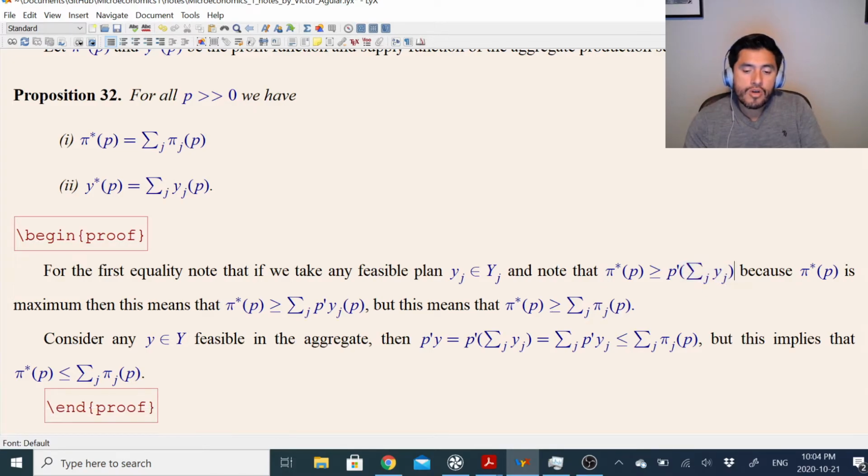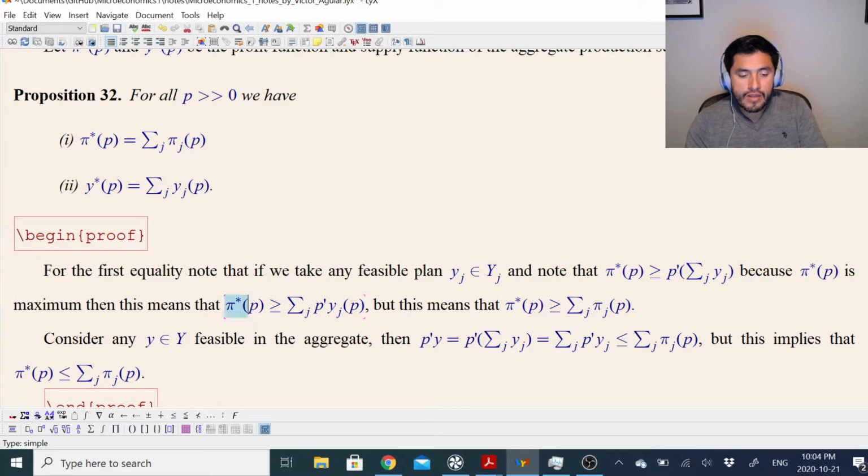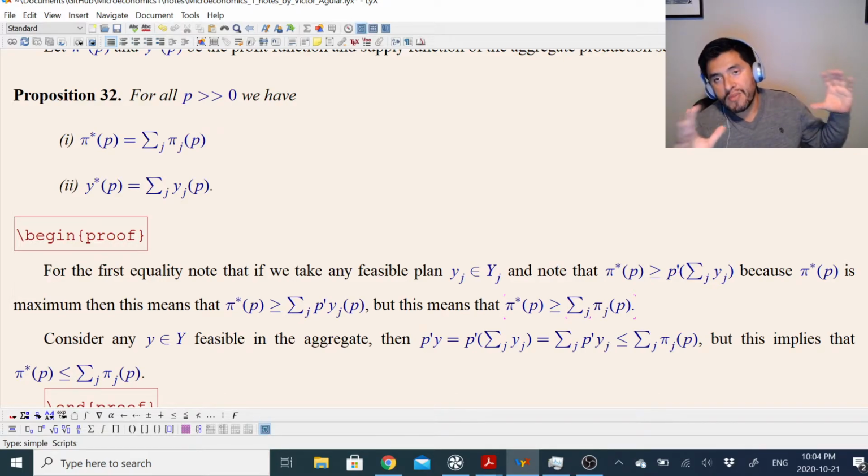Now, because this is the maximum, the aggregate profit function is greater than or equal to the summation of prices times the individual supplies. But basically this means that this profit here is greater than or equal to the summation of profits. So we have proven one part of the equality, right?